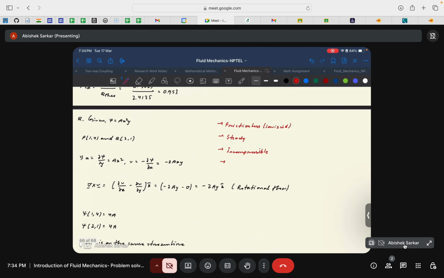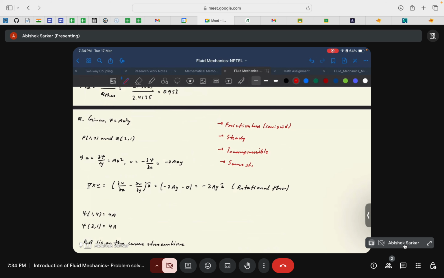Psi at point (1, 4) would be a times 1 squared times 4, that is 4a. Similarly, psi at (2, 1) would be a times 2 squared times 1, that is 4a. So you can say that points P and Q lie on the same streamline.